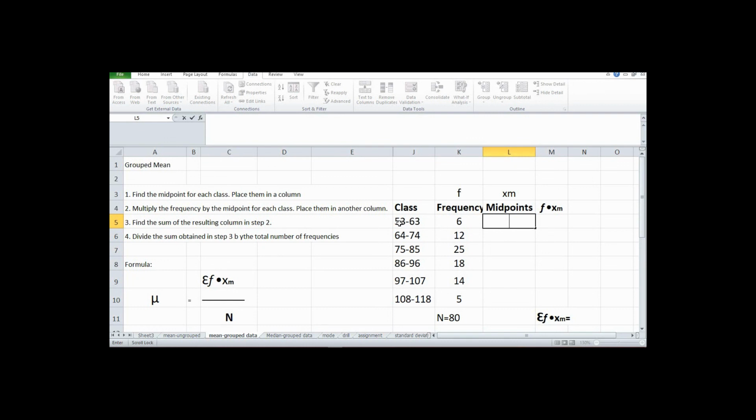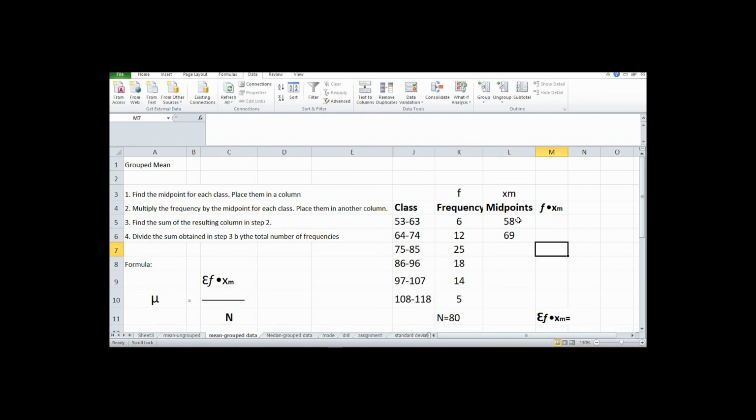All we have to do is to add the lower limit and the higher limit. So we need to add 53 plus 63 and it will be divided by 2. So we have 58. Next, we also have 64 plus 74 divided by 2, that is 69.